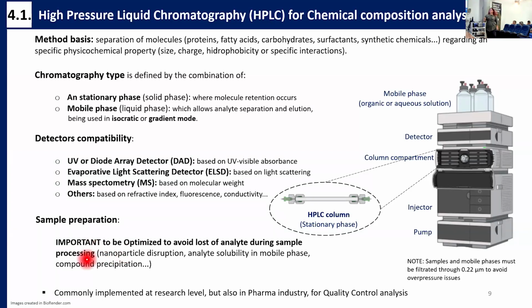This is important because if we have a nanoparticle dispersion and we don't disrupt it with these techniques, we need to filter both the samples and the mobile phases before introducing them into the equipment in order to avoid overpressure issues. So if the nanoparticles are not well solubilized, we could lose some material during this preparation.